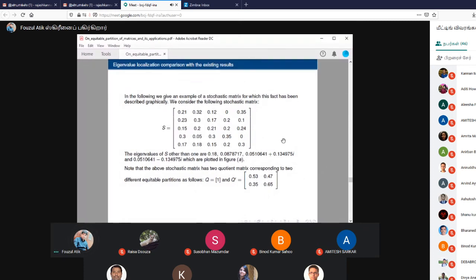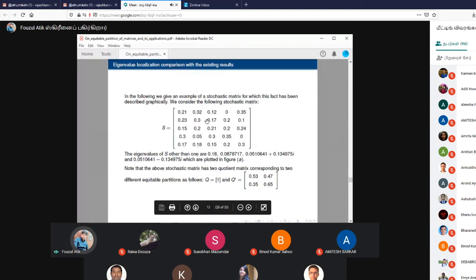First of all, it is a stochastic matrix with constant row sum 1, so we have one partition set only. Pi is equal to X11, which contains all the elements, because the row sum of the whole matrix is constant, so we can have a single block.